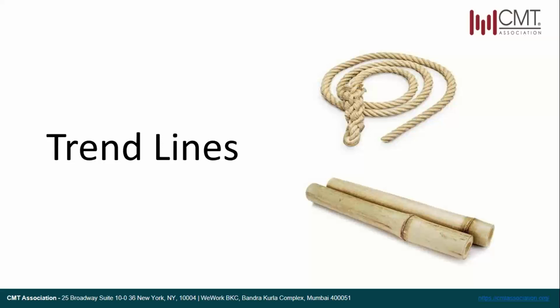Now if I have to draw a comparison between a trend line and a moving average, I would simply say a moving average is like a rope, and a trend line is like a stick, which is very rigid. The moving averages are quite flexible in nature, and they can turn and twist with the changing price dynamics. However, the trend lines are very rigid in nature.